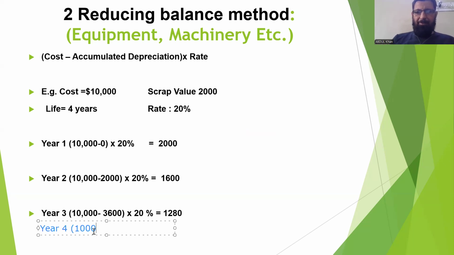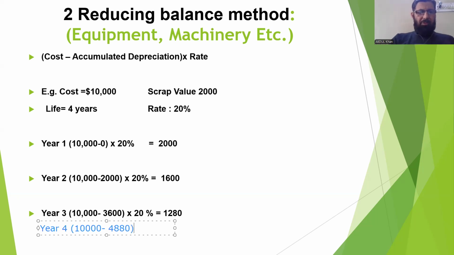And you have minus, oh, sorry, it is 10,000 minus year four. I mean that which I just calculated: 2,000, 1,600 and 1,280. We just calculated 4,880. Right? You can check it out again.